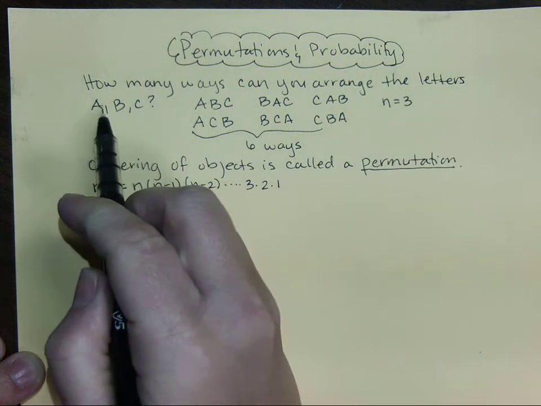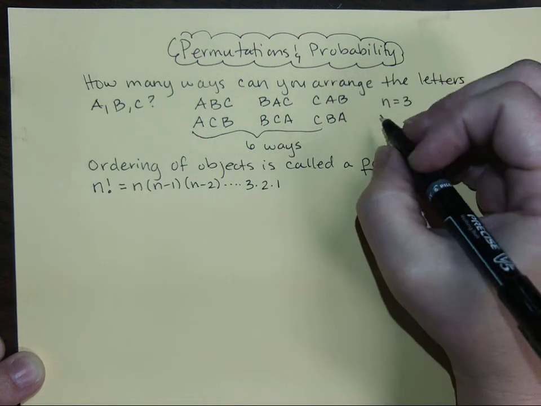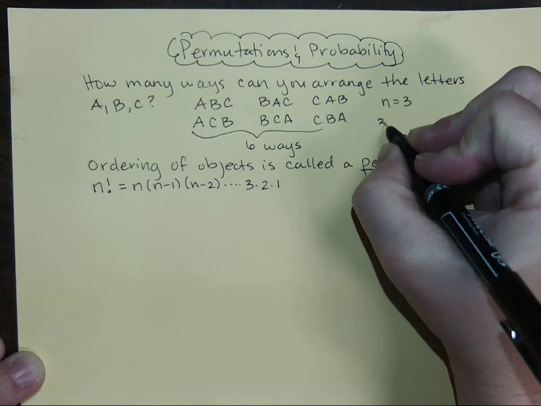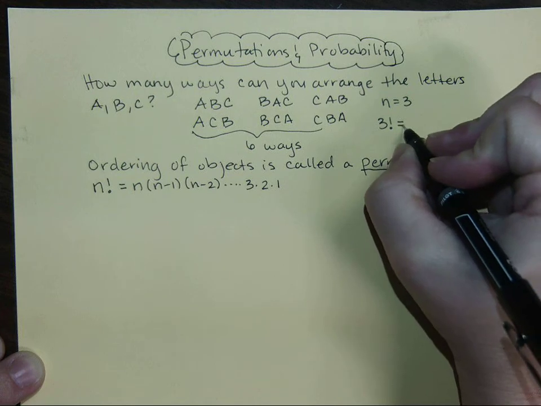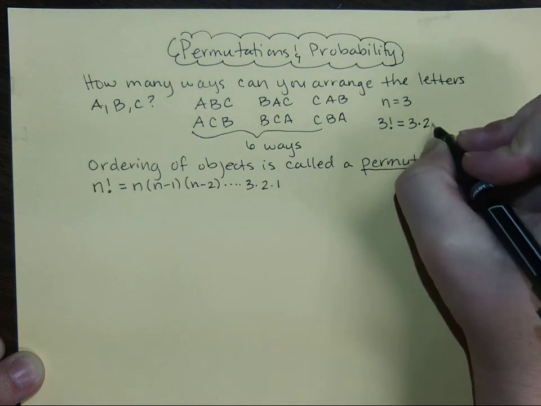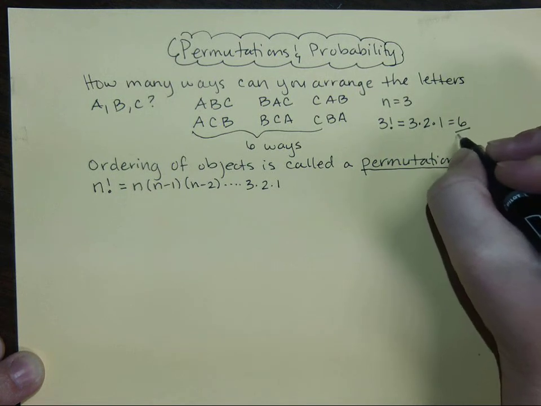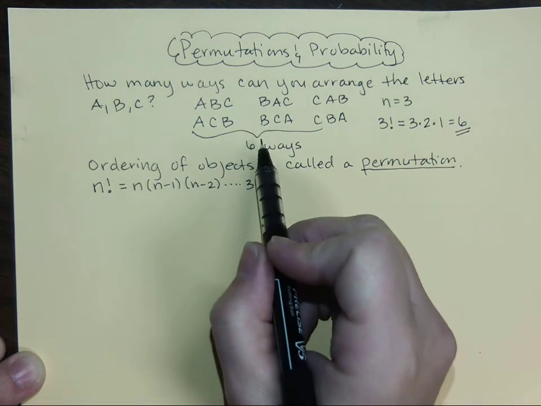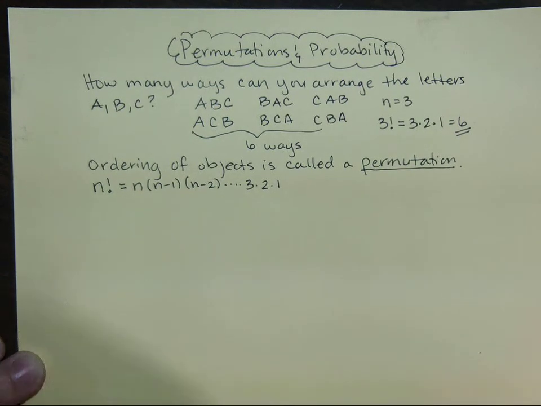There are 3 objects that I want to rearrange, and so the number of ways is 3 factorial. If I expand that out, that means 3 times 2 times 1, and when I multiply all of those, I get 6. So there are 6 ways to rearrange these letters, which is the same as 3 factorial.